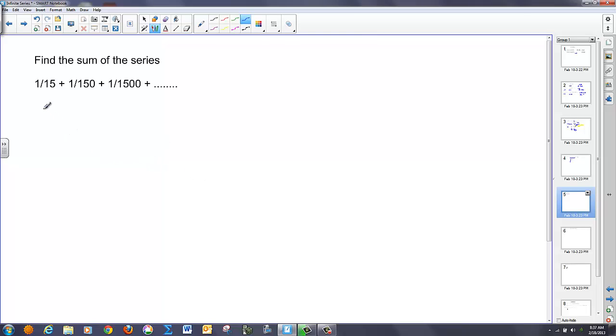So if I take this sum where I have a ratio of 1/10, then I say the sum is equal to the first term, which is 1/15, all over 1 minus my ratio.